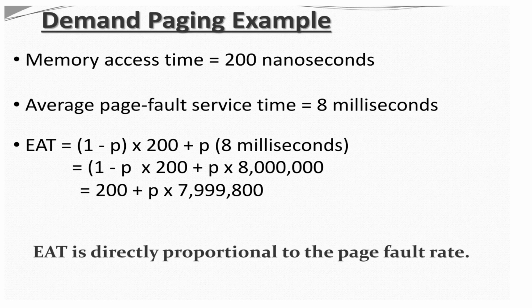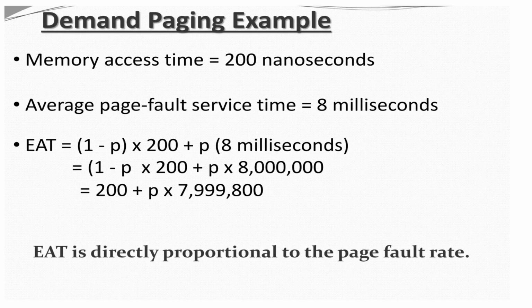Here is the demand paging example. Memory access time equals 200 nanoseconds and average page fault service time equals 8 milliseconds. The formula is EAT equals (1 minus P) times 200 plus P times 8 milliseconds, where 8 milliseconds is the average page fault service time.